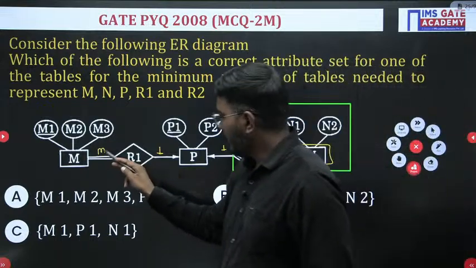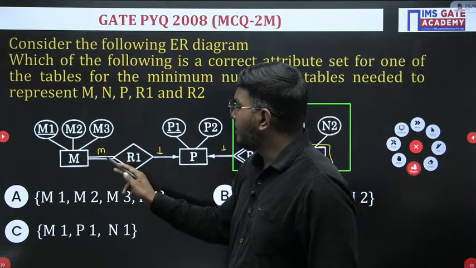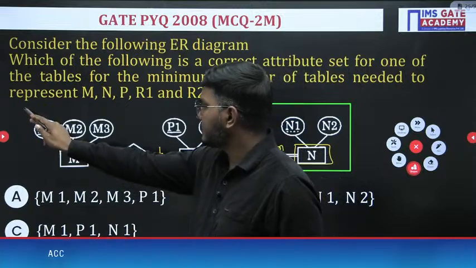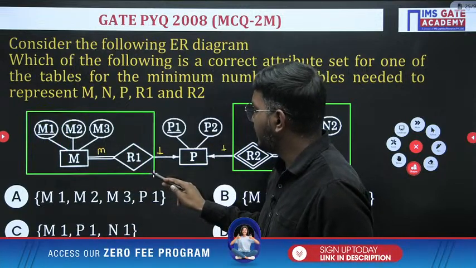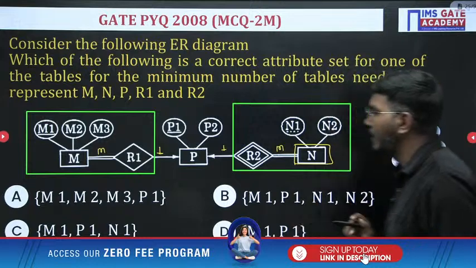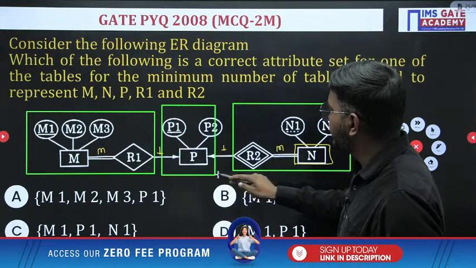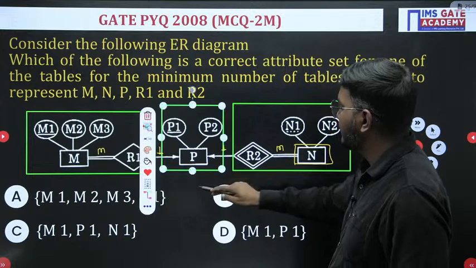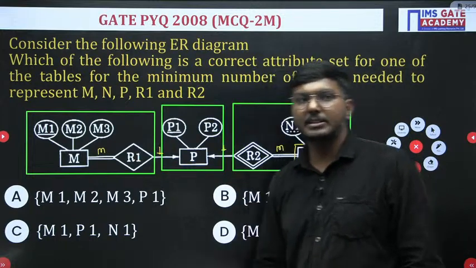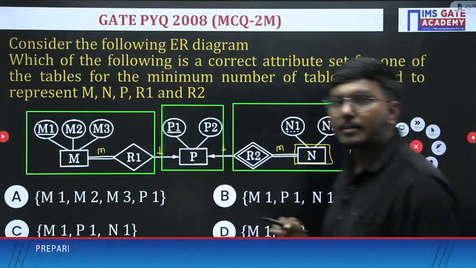Again mapping is one to many and total participation is towards the many side, so because of this it will merge towards R1. R1 is merged towards the many side or M side. So we have 3 tables, and this P will form a separate table. How many tables? 3 tables. Fine. Done.